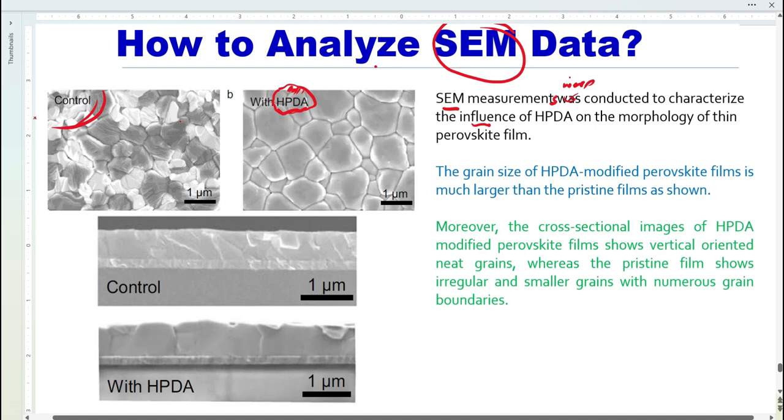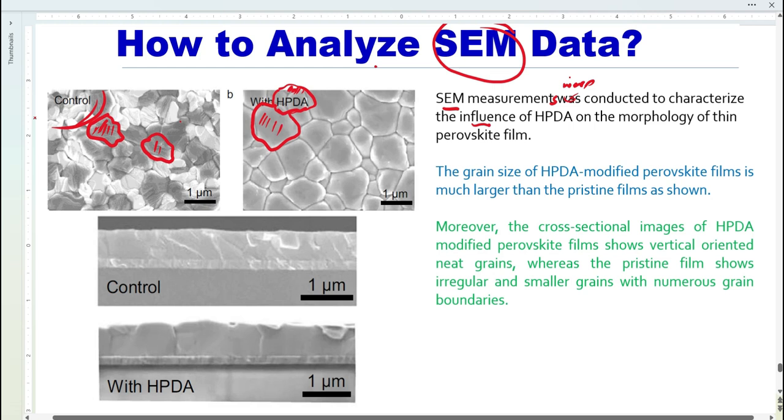Because I know these are basically grains here. As I mentioned many times, when we are talking about SEM, we have to talk about the grain. And when we are talking about XRD, we have to talk about the crystals, the crystallites. So we can see that the grains change significantly, and the grain size increases here.